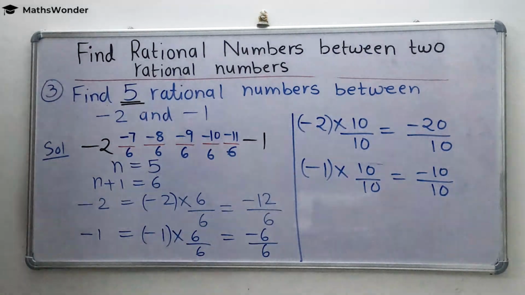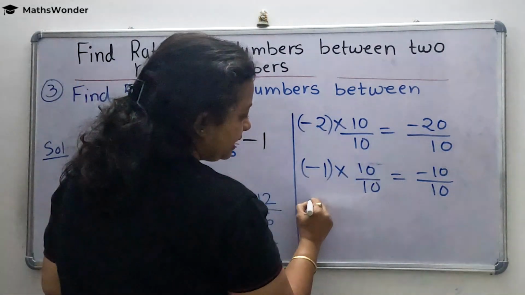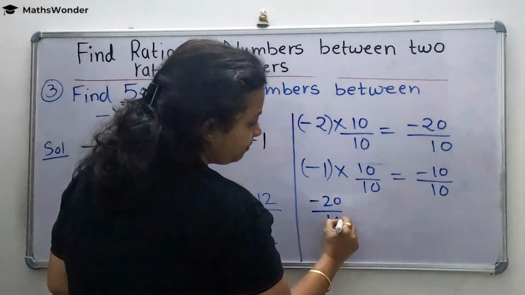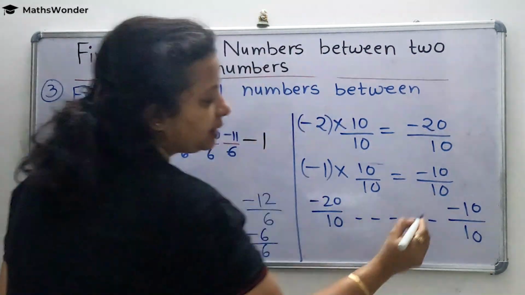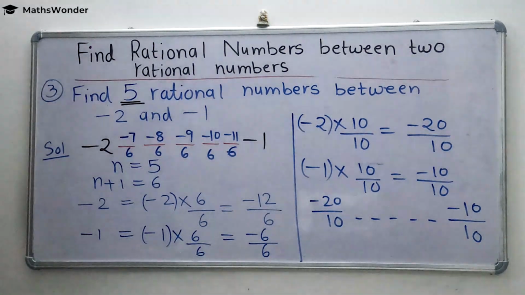You are free to take any number. So now you can see negative 20 over 10 and negative 10 over 10. We have many numbers. You can find 5 rational numbers easily. So there are two different methods, and both are correct.